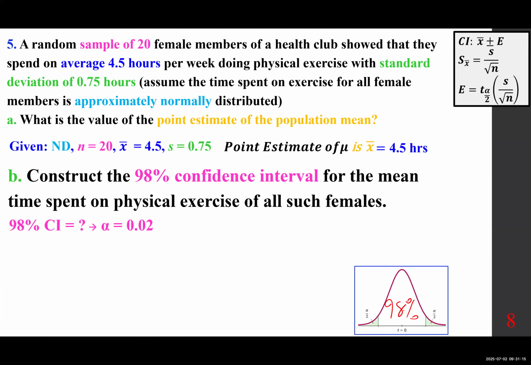Alpha is 2%, or 0.02, that means each tail must be 0.01, each tail.